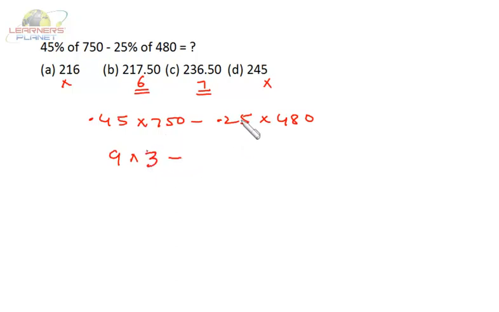Minus 5 into 7 into 8 plus 4, 12, that is 3. Friends, I would just like to share one more thing over here, that if you multiply any number by 9, then the digital root will be 9 only, no need to calculate. So the digital root over here will be 9 minus 7 into 3, 21, that is 2 plus 1, 3. So finally the digital root will be 6, which is there in this option.